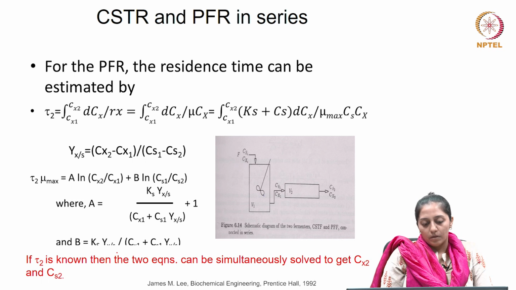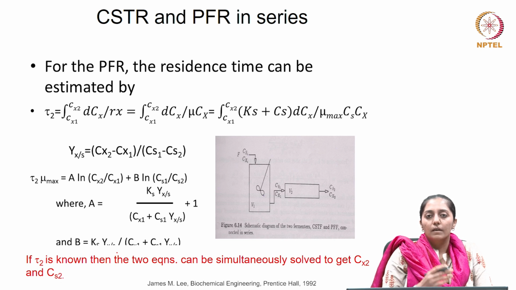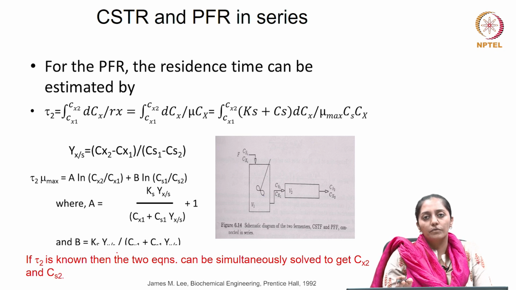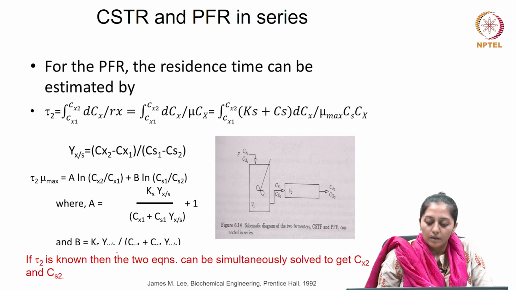Now, we have already come to know the substrate concentration, product concentration and biomass concentration coming out of reactor 1, which is now an inlet to reactor 2, which is a plug flow reactor. The volume has been represented as V2 of this plug flow reactor.